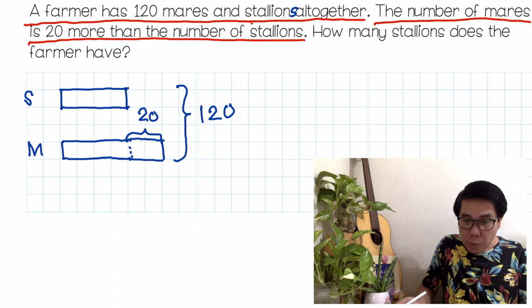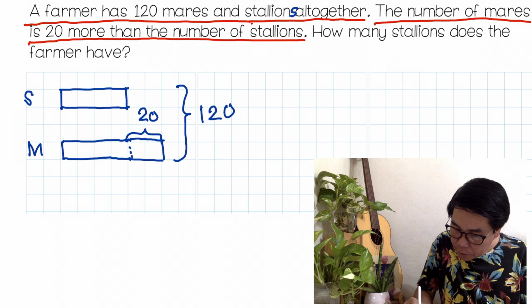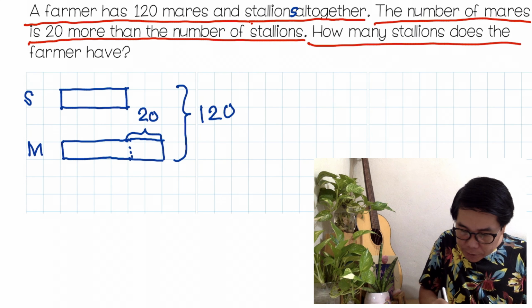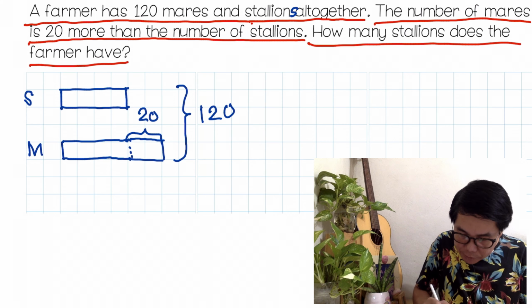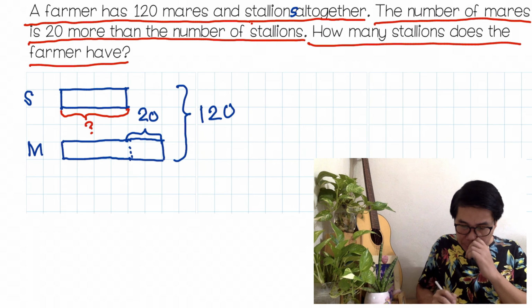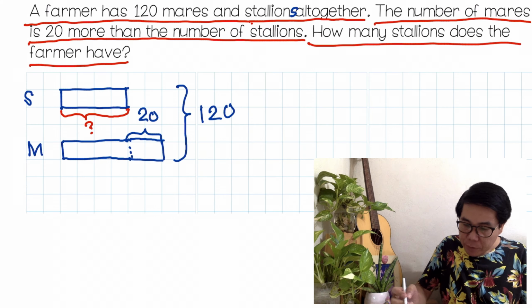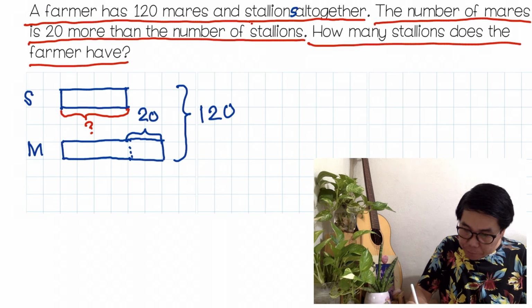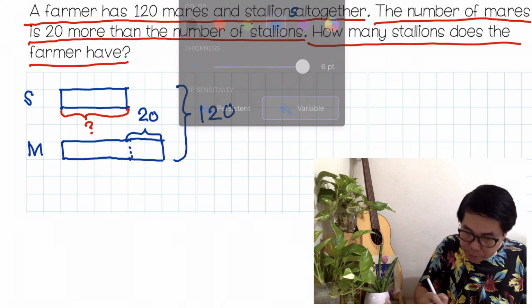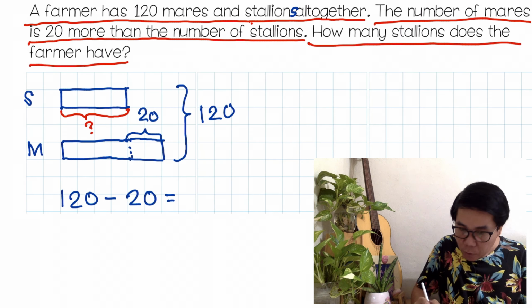So we are looking for how many stallions the farmer has. So we're looking for the number of stallions. First of all, what you can do is take away 20 from 120. 120 minus 20 is equal to 100.